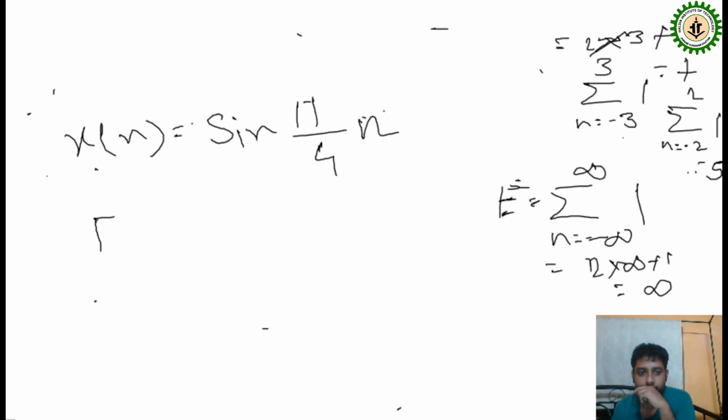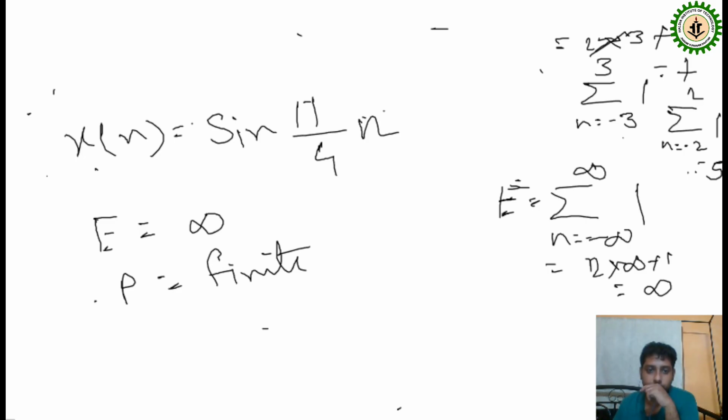If we solve the numerical, we will get energy equal to infinite, and power we will get some finite value. So this type of signal, where the average power is finite, is called a power signal.